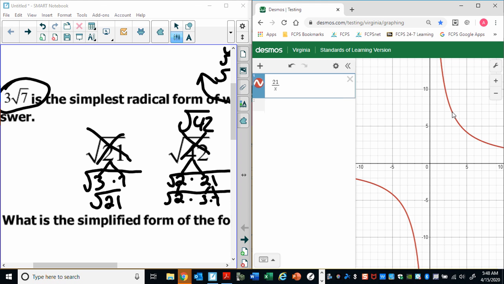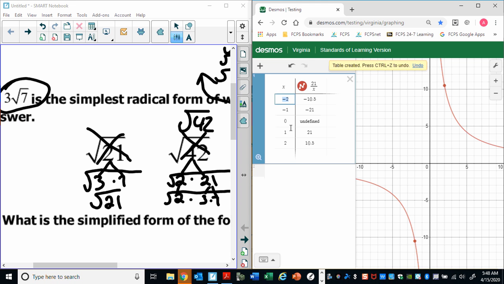But instead of going through the graph and seeing where all the whole numbers are, you just go to the settings, go to a table, and it would tell you right here. Right now, it's only going to give you -2 to 2. To access more numbers, just hit enter. Go to the number 2 and hit enter.